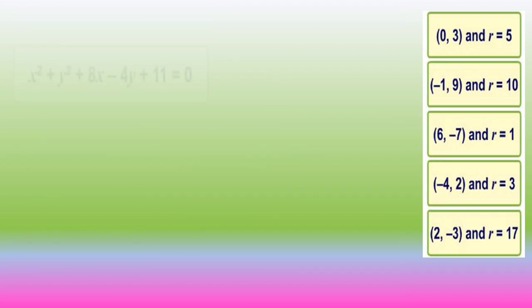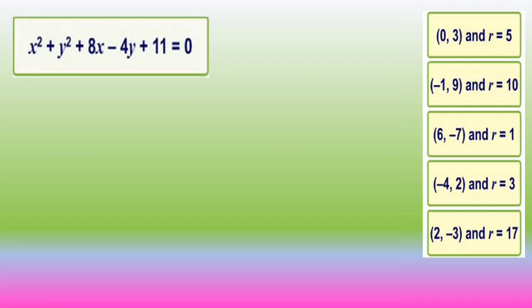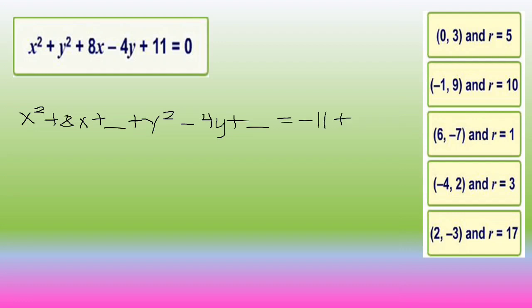Okay, so for the third one, we have x squared plus 8x plus blank plus y squared minus 4y plus blank is equal to negative 11 plus blank plus blank. So of course, we need to get its perfect square trinomial by completing the square.